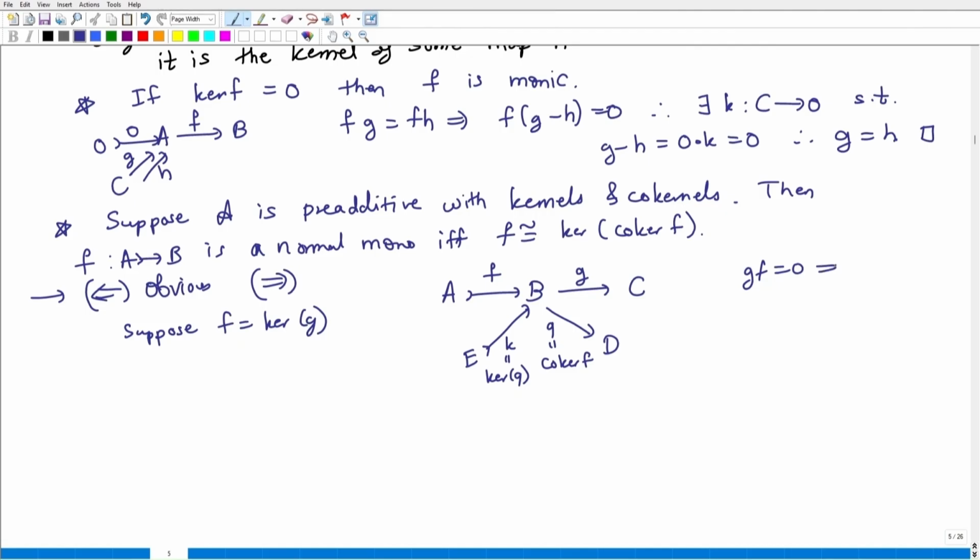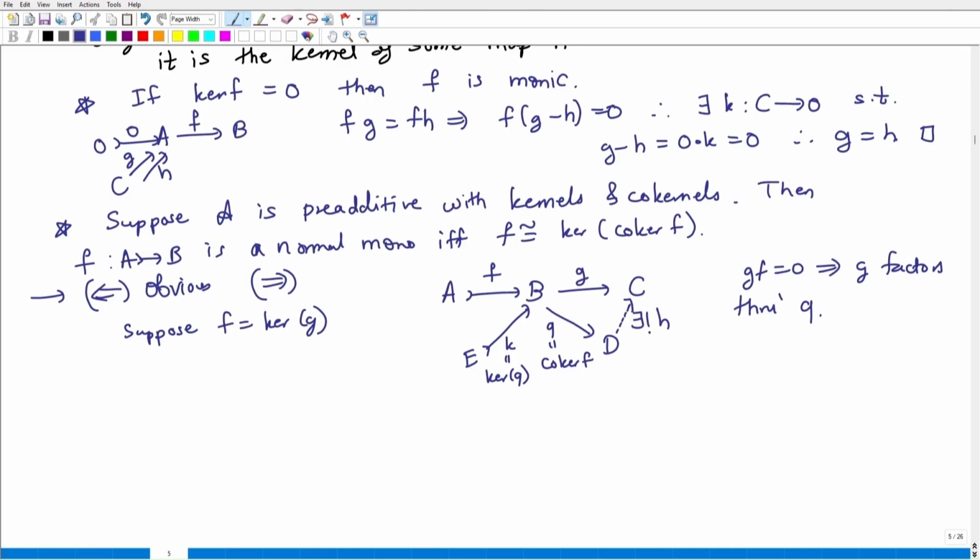It means that G factors through Q. It has to factor through the co-kernel of F, which means there is a morphism over here. There exists a unique morphism, let's call it H.